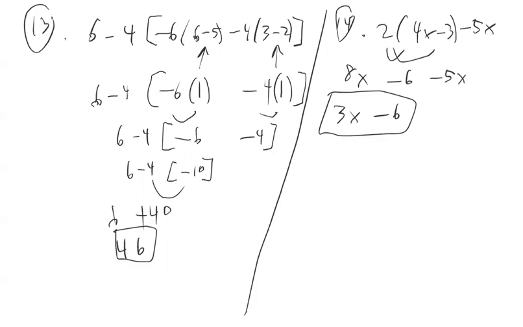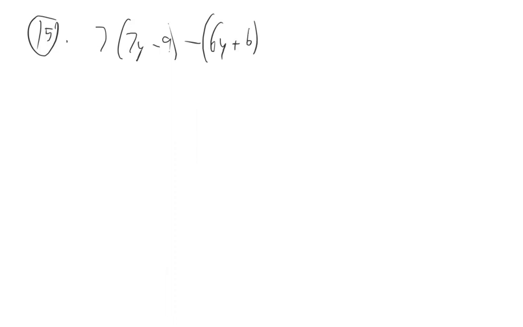Now let's try problem 15. Seven times 7y minus 9 minus 6y plus 6 in parentheses. So we're going to distribute this 7, 49y minus 63.